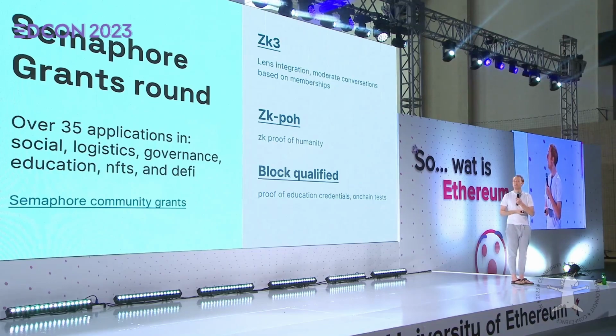So Semaphore allows us to do this, but with privacy. You would first go through the KYC process, and you would join a Semaphore group, and then afterwards you would make a proof that you're a member of the Semaphore group in order to be able to participate, in order to be able to donate to Gitcoin or vote in the round or whatever. So it's a nice way of adding privacy on top.